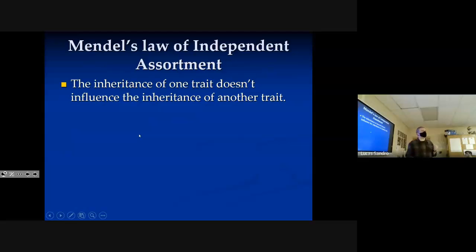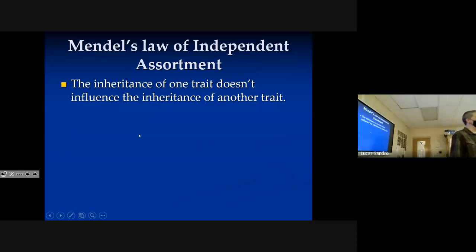That's Mendel's law of independent assortment. Yes, that's the part you start writing. Now, the real truth is that as we get into more advanced genetics, we do find that sometimes they affect each other.